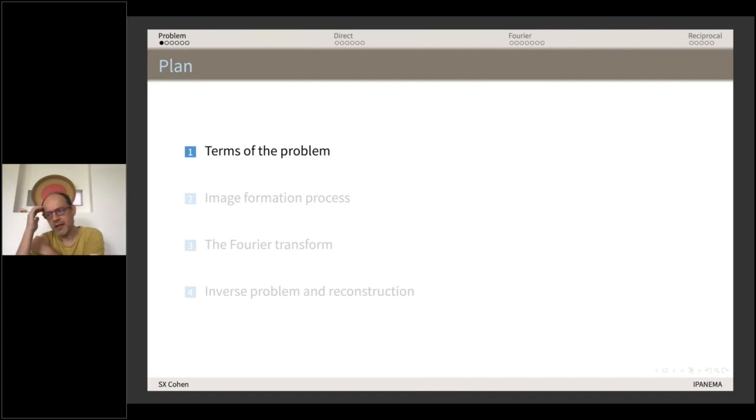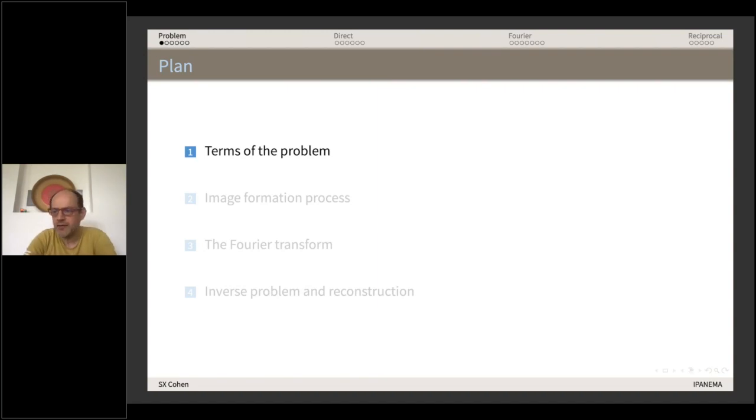I'll start by exploring the problem we're trying to solve today, and then I'll go into the process of image formation, which is what are we measuring, and then a few ideas about transforms, in particular the Fourier transform, and finally how from the data that we collect we manage to reconstruct a volume.